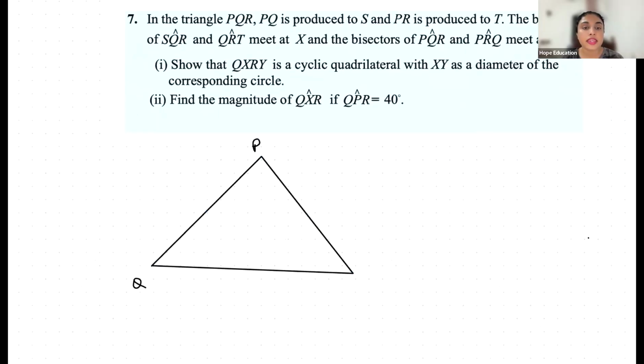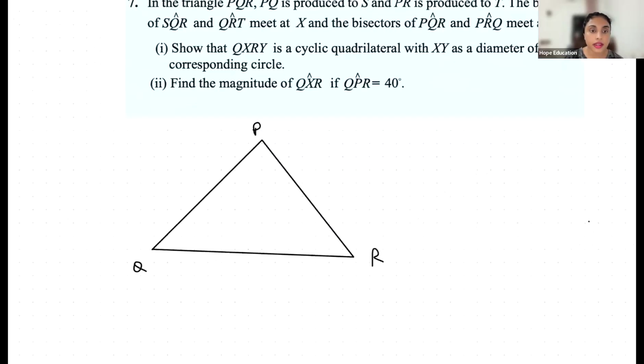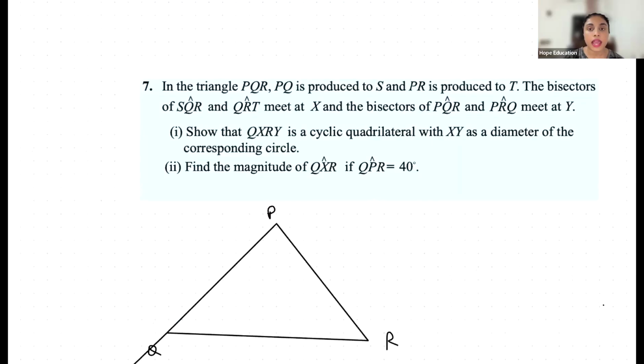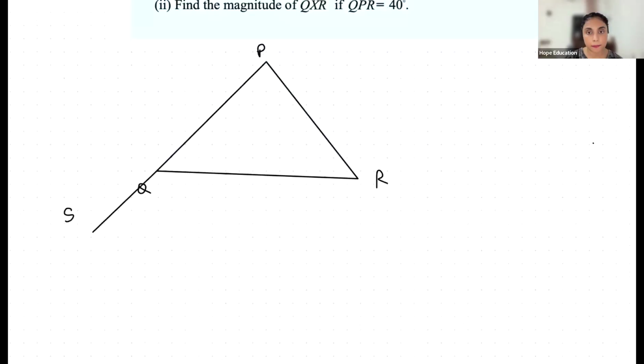Here, PQ side is produced to S. Like this. Until S. So let's say that this is S. And PR is produced to T. Okay.